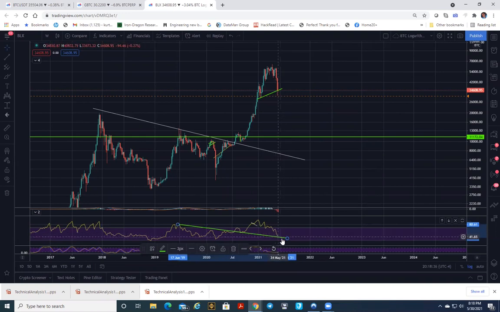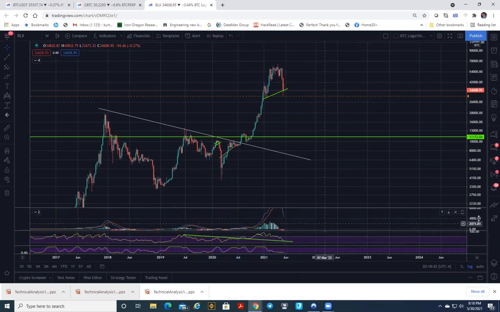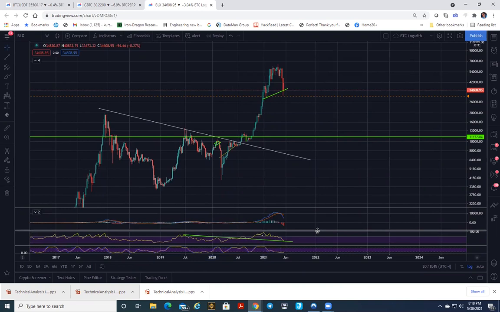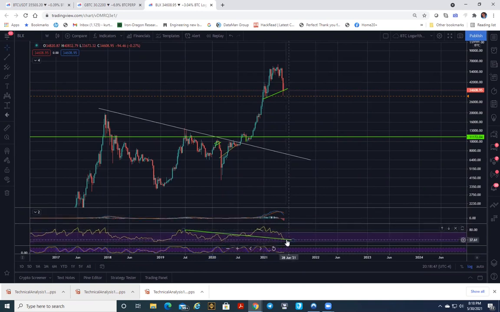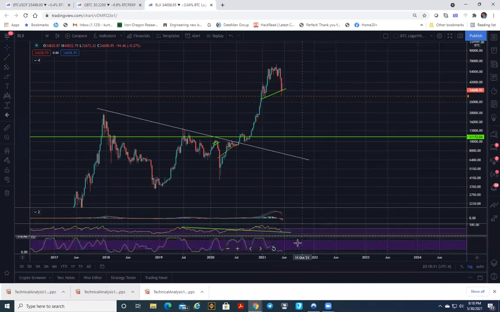This is the bottom right here. The alts don't look like this though. A couple of them do, but it doesn't look that great.